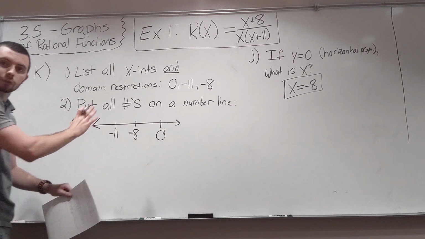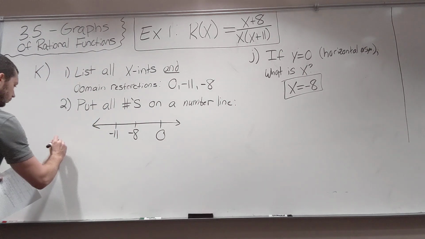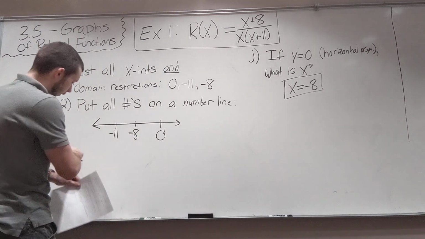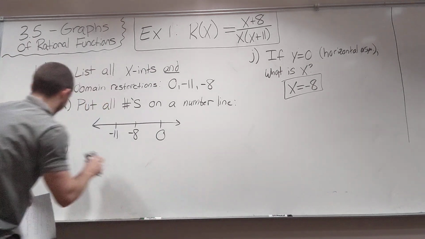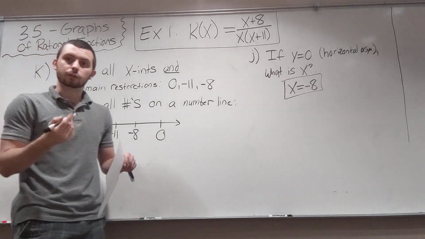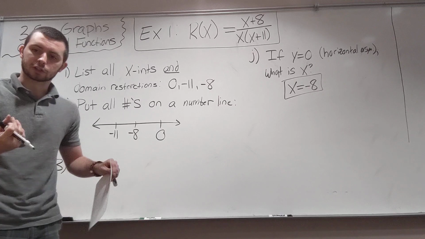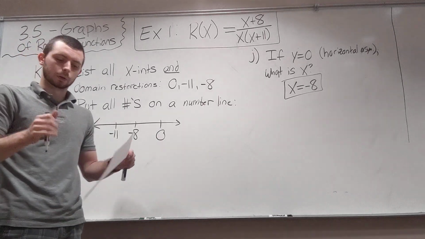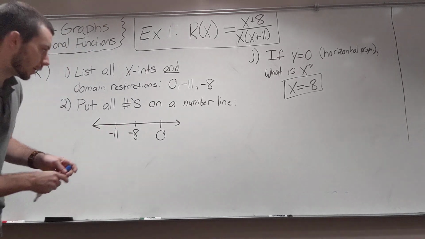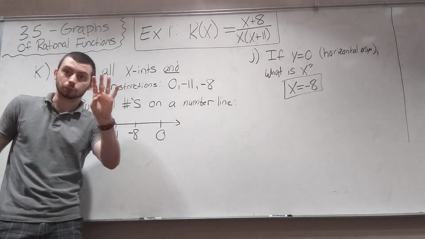Once we have all of these plotted, the next step, for part 3, is to pick numbers from each interval. I'll write down the direction after I apply it. Notice, whenever we plotted these 3 numbers on the number line, we broke the number line into 4 segments.